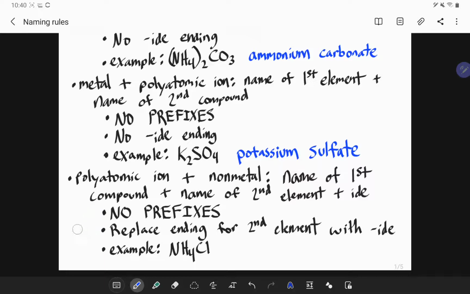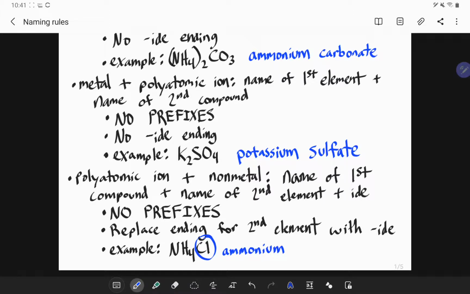So let's try that. We have our first compound, the polyatomic ion. NH4 we recognize is ammonium, so we are going to write down ammonium. Next, that second part of the compound, that element right there, is chlorine.